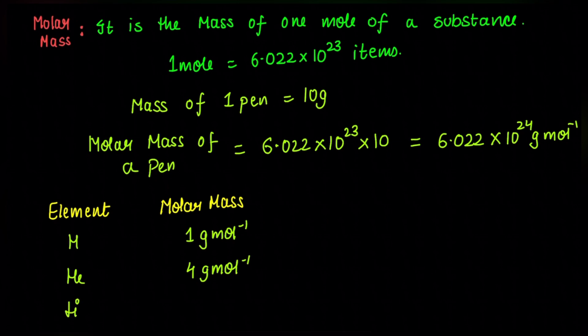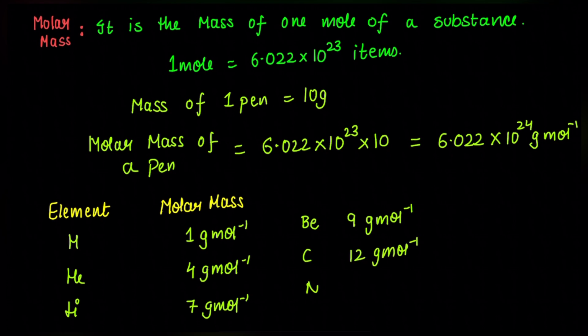For lithium, it is 7 gram per mole. Let's write some other elements too. For beryllium, it is 9 gram per mole. For carbon, it is 12 gram per mole. For nitrogen, 14.